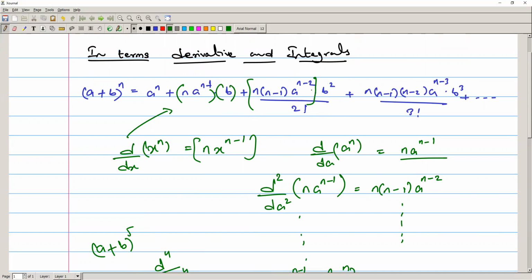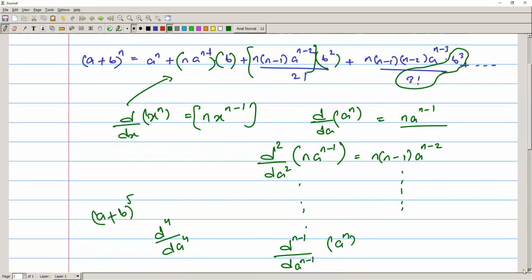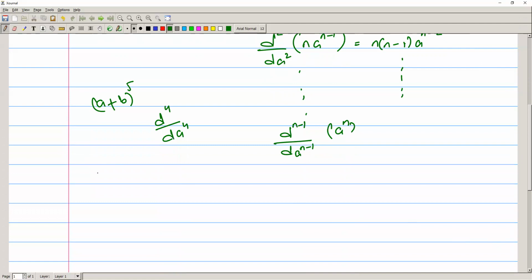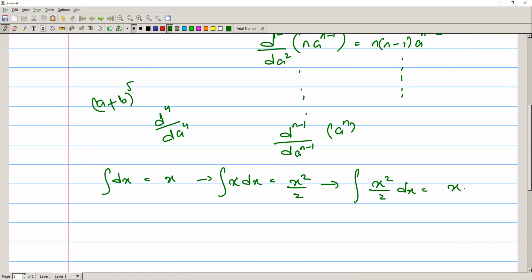So we can see here that we are just keeping on differentiating and integrating the functions, and see here for this part b, then b squared over 2 factorial, and then b cubed over 3 factorial. This part resembles the integral: if we take the integral of x dx, we get x squared over 2. If we again take the integral of x squared over 2, we get x cubed over 3 times 2.